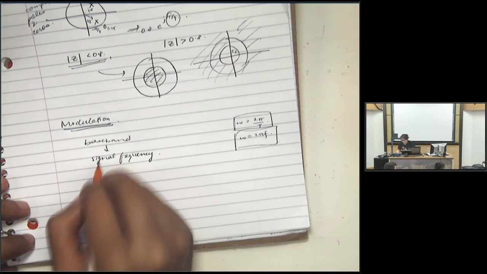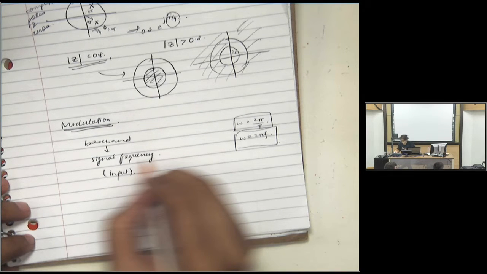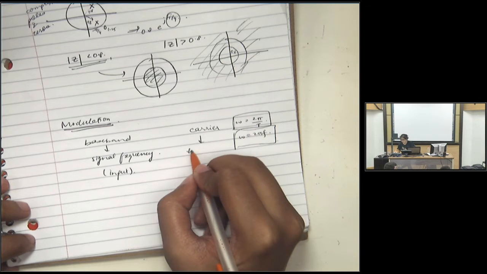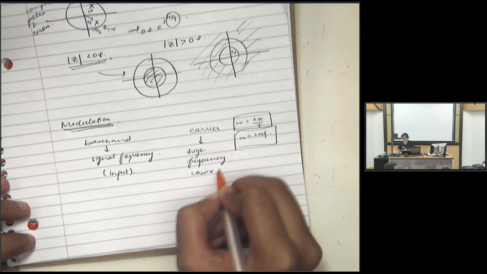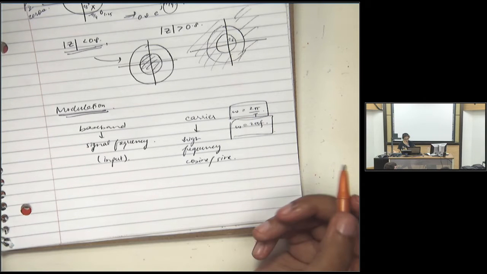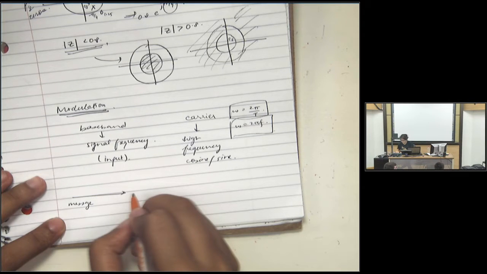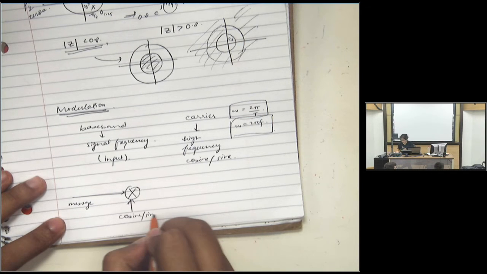So baseband is a signal frequency, that is your input or your message. You shift this to another frequency using a carrier, and this is generally a high frequency cosine or sine. So what you're doing is you have your message modulated with your cosine or sine.